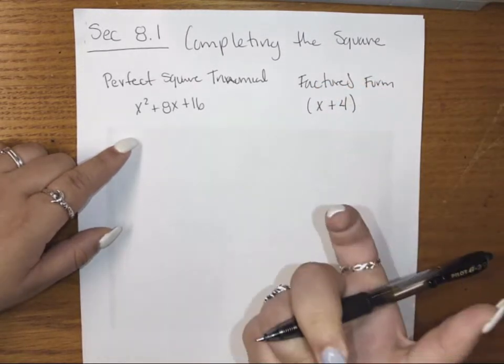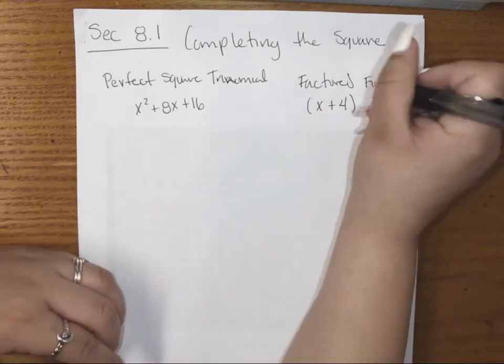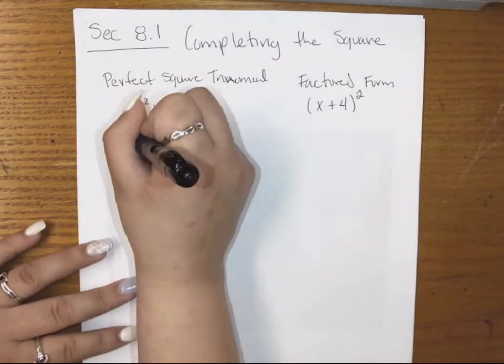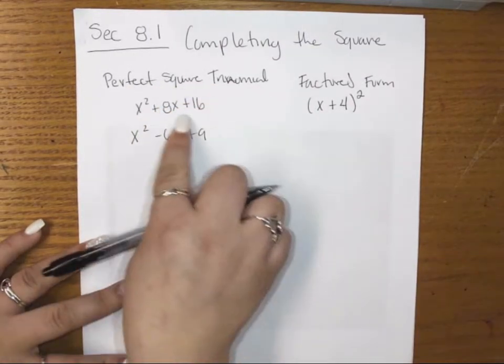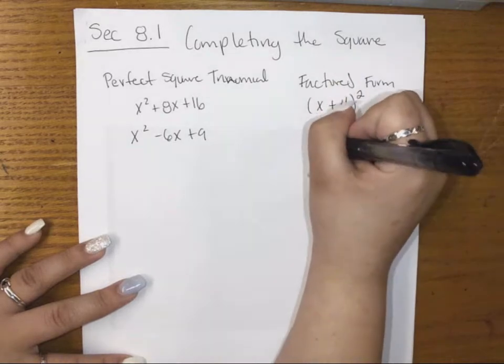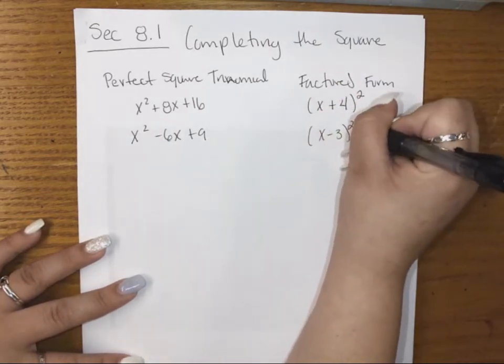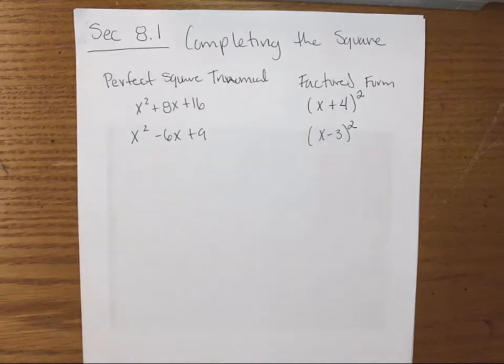So if you repeat the group x plus 4 times x plus 4, you can simply write x plus 4 squared. If you have x squared minus 6x plus 9, this trinomial will factor into the same group of x minus 3 times x minus 3. So trinomials that factor into two groups of the same thing, that's what we recognize as a perfect square trinomial.